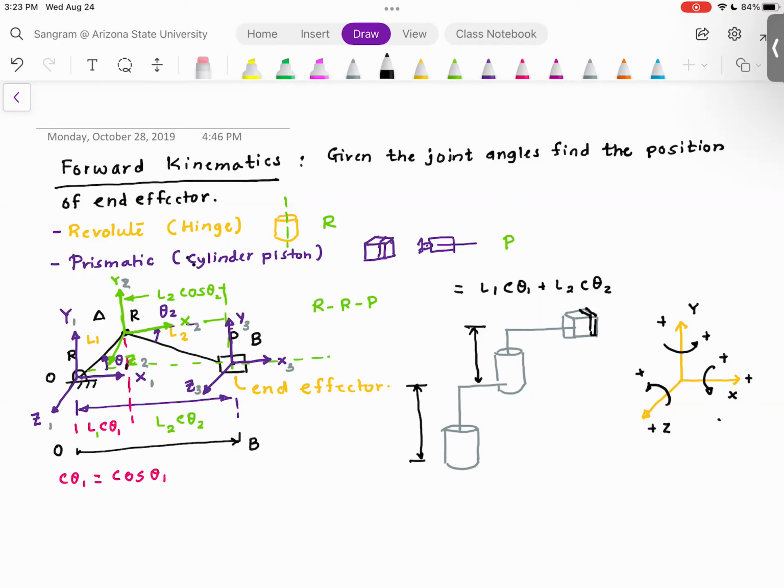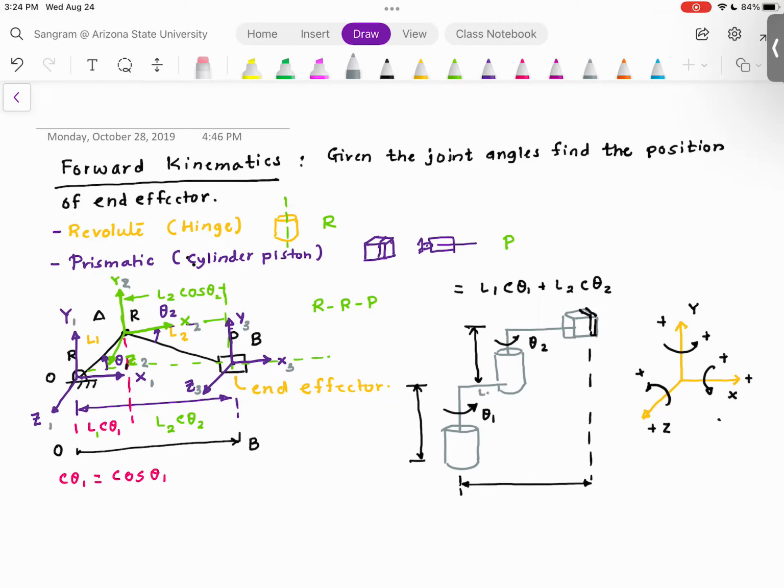So what I mean by that is you are going to have theta 1 and you are going to have theta 2. And now what you want to do is find this distance like this. I would represent what I have shown over here, and that will answer your question.